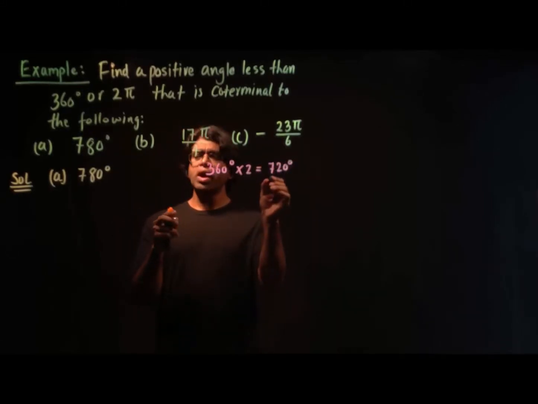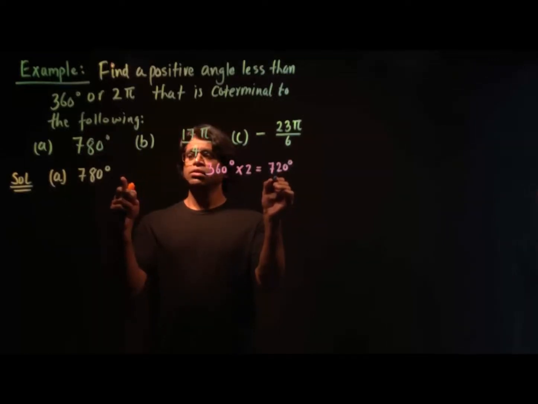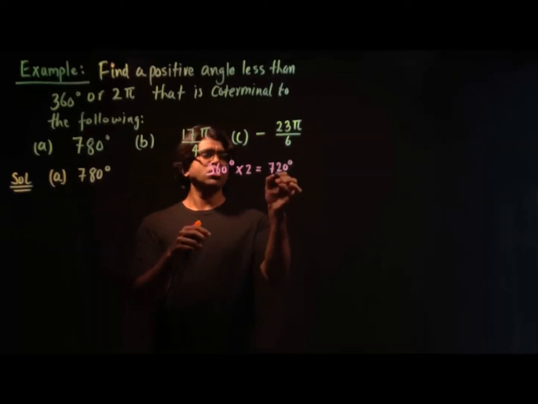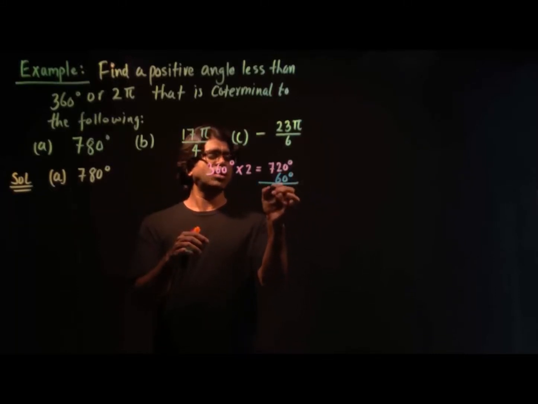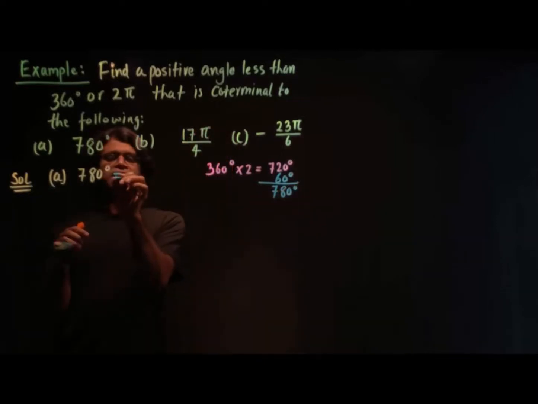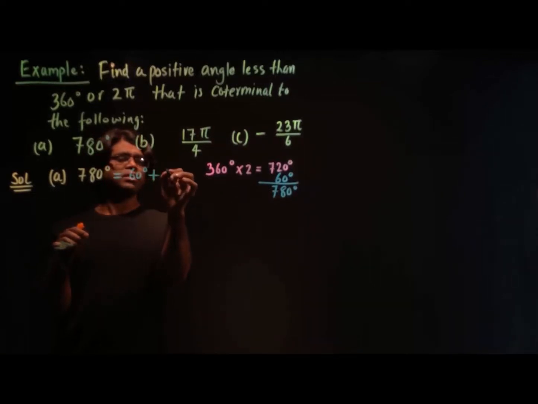And what do we need to add to 720 to make 780? If we add 60, then 720 becomes 780. So basically we can write 780 as 60 degrees plus 2 times 360 degrees.